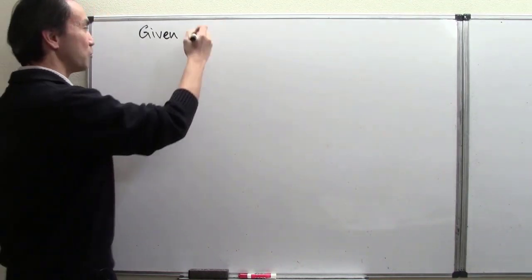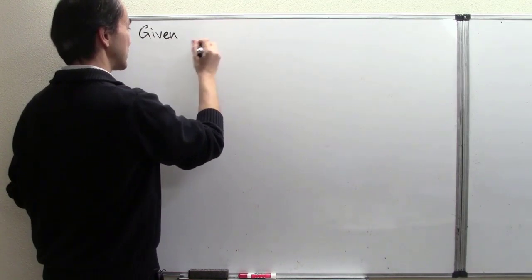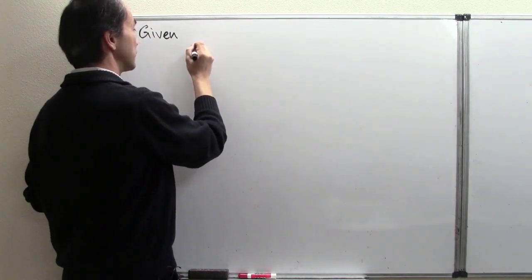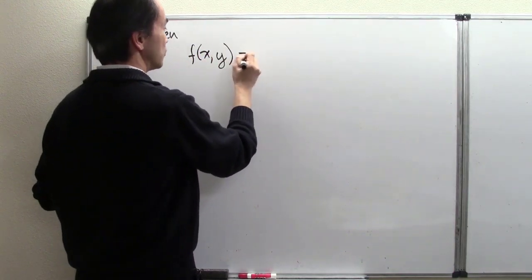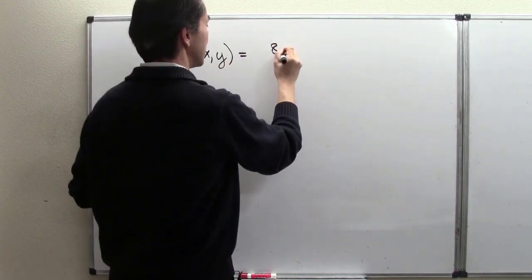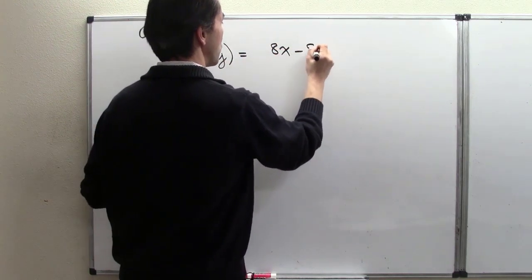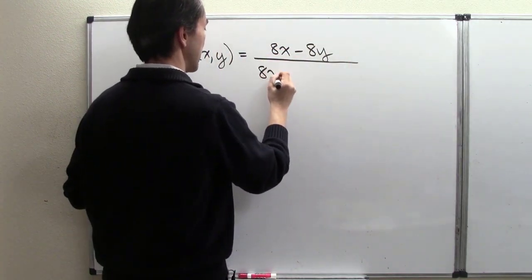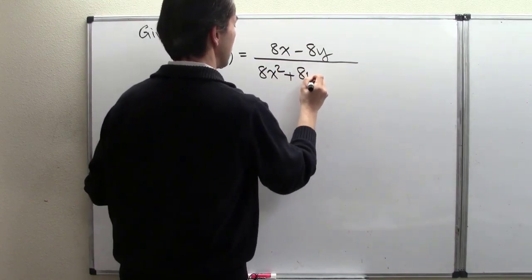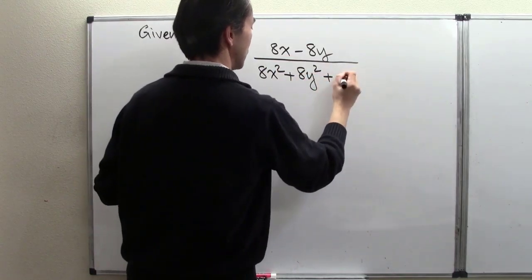So now we are starting out with a function given. Let's say I chose f of x comma y equals 8x minus 8y over 8x squared plus 8y squared plus 1.